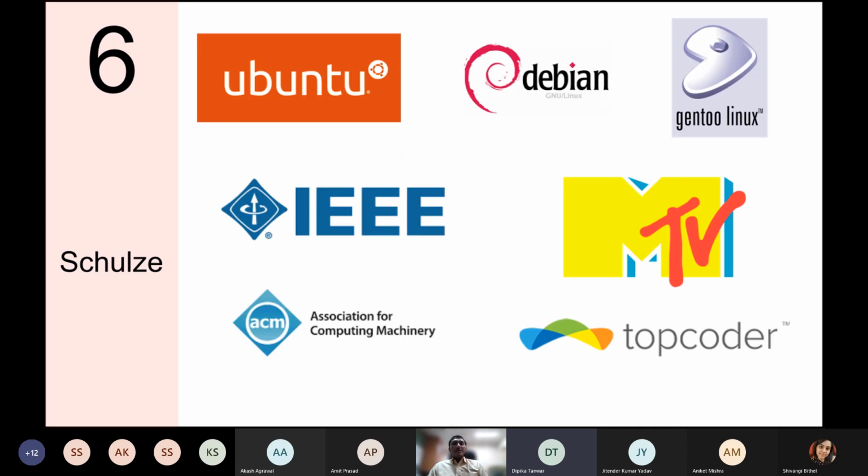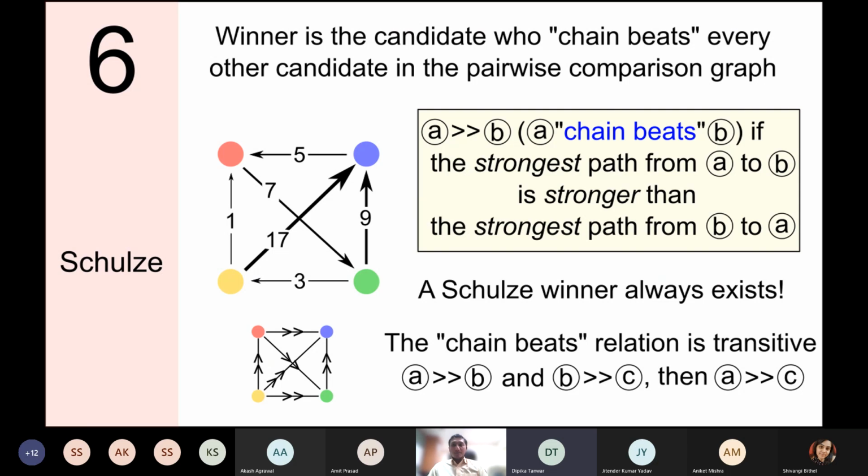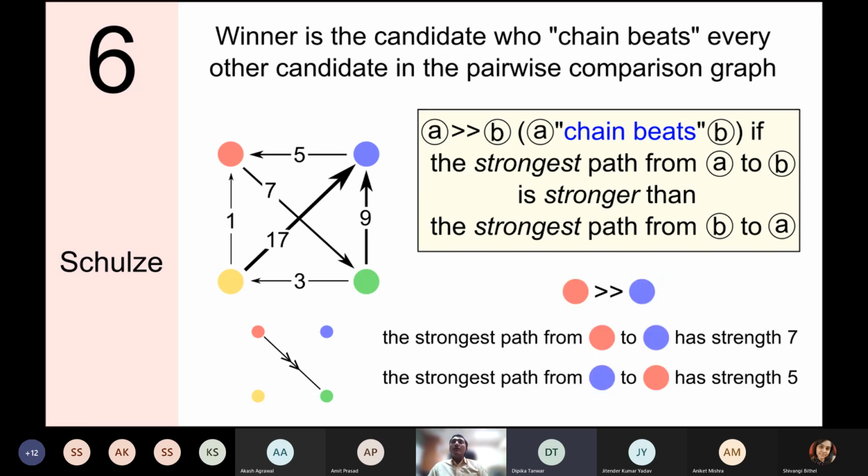Sir, can we go through the pair yellow and green? We did not cover it. Okay. For yellow and green, green has the strongest link as 3 to yellow. So you're talking about the green to yellow strongest path? Yes, sir.